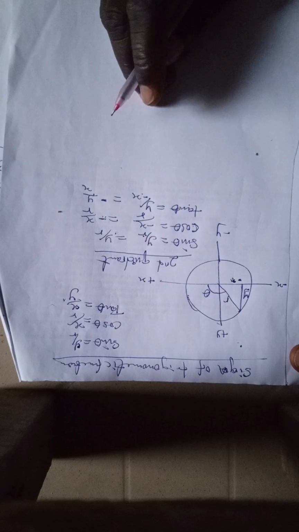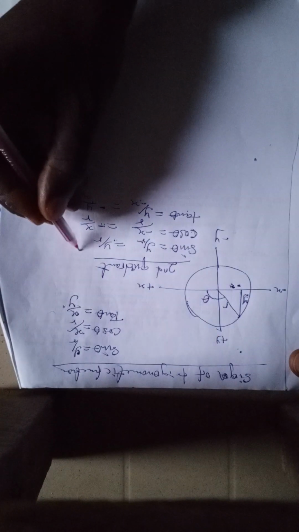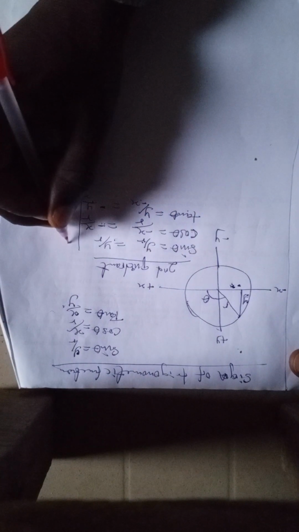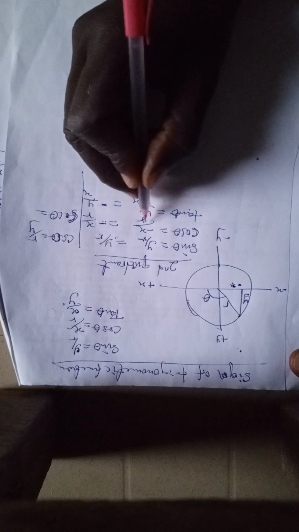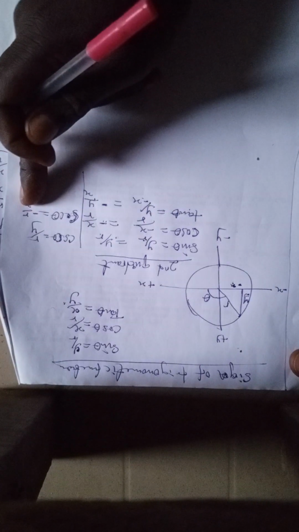Then we see the corresponding other three trigonometric functions. For sine theta, you have cosec theta, which is r over y. For sec theta, you have minus r over x, which is also negative.